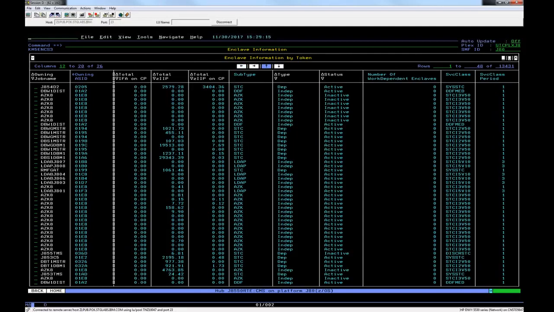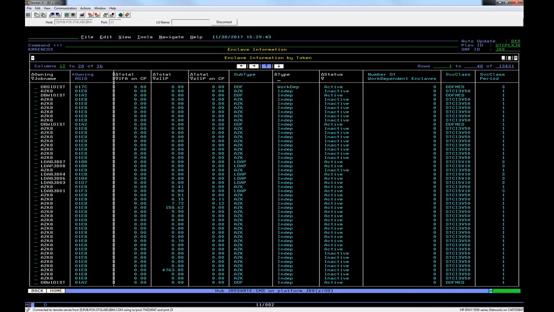If we page to the right, we can see what type of enclave is running. We have dependent, independent, and we actually support work-dependent enclaves, which are extensions of independent enclaves. And they basically run with the same performance characteristics as an independent enclave, and we certainly will show you that. I think, here we go. Here's a work-dependent enclave.